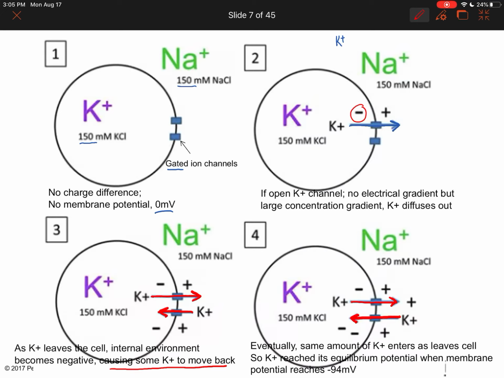And so what we say is when this point has been reached, when potassium is equally flowing out and into the cell, that is the equilibrium potential for that ion. The equilibrium potential of potassium happens to be around negative 94 millivolts. So the cell has to be quite negative, at negative 94 millivolts, for there to be an equal flow of potassium out as well as back into the cell.